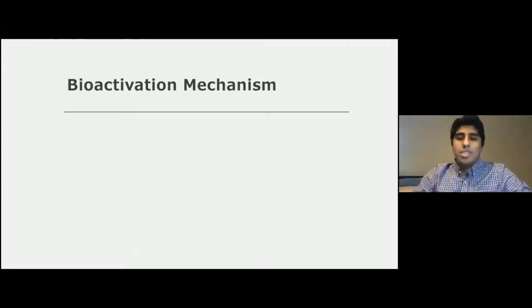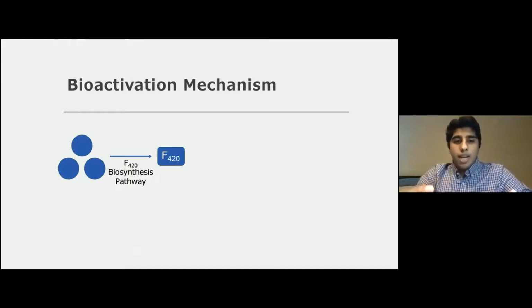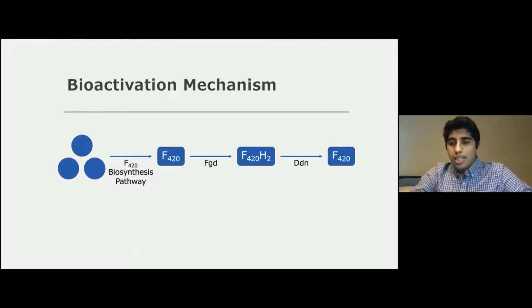So without getting too much into the weeds of exactly how these drugs are activated, basically a pathway called the F420 biosynthesis pathway creates a cofactor called F420. There's another protein in the Mycobacteria cell, the only one known to exist, that reduces this cofactor F420. And then another molecule, DDN, then oxidizes F420, so it's not in this reduced form anymore.